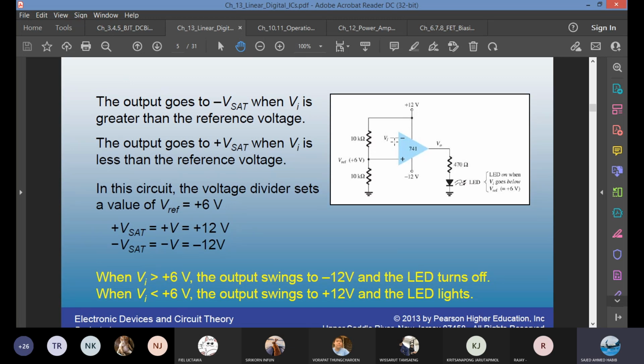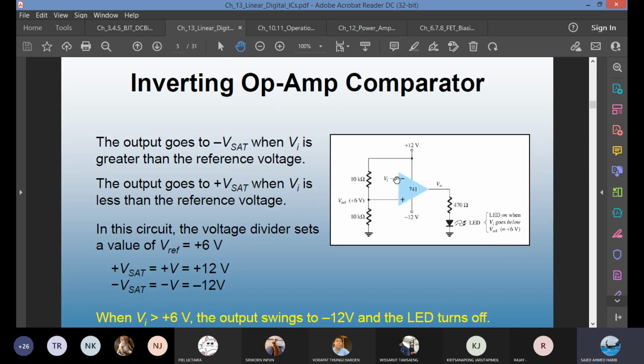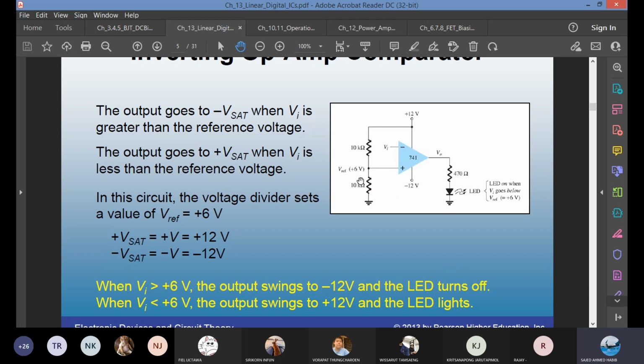So you have to remember the trick: the input voltage is given on the plus pin or minus pin. When it's greater than the other one, you have a plus saturation level. Here the input is given at the minus. When this one is greater than this one, you have a minus saturation level.